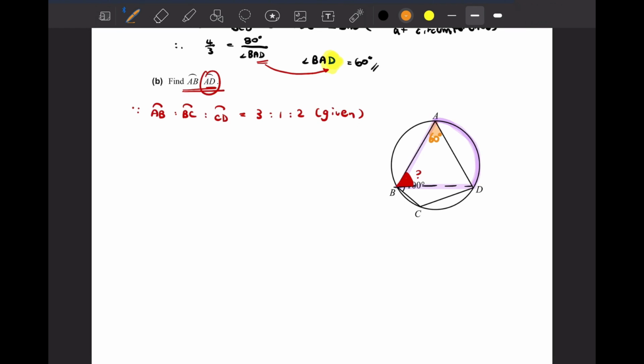Okay, and looking at this, we know that this is corresponding to the arc here. So this angle is corresponding to this. And now you got one angle inside that triangle ABD. So probably, if you can find the angle of ADB, maybe it can help as well.